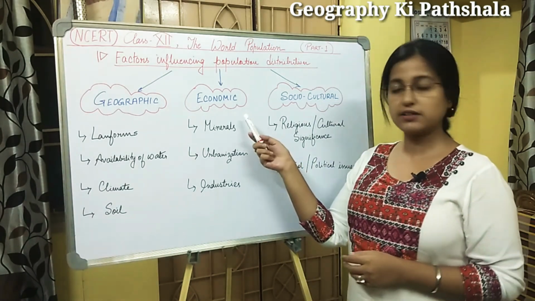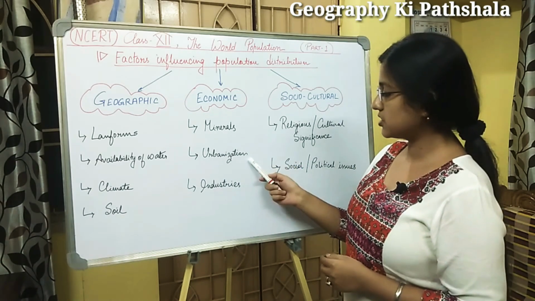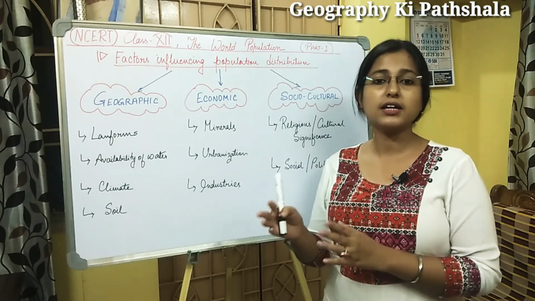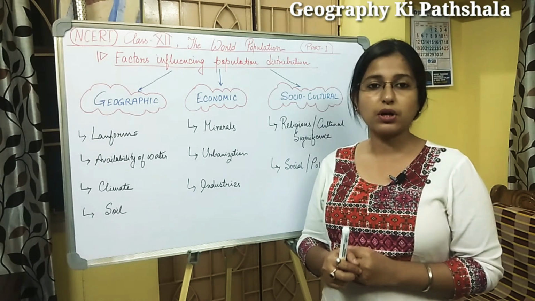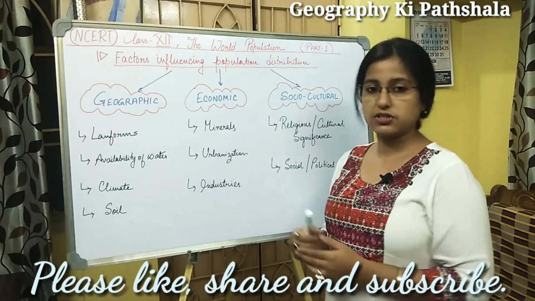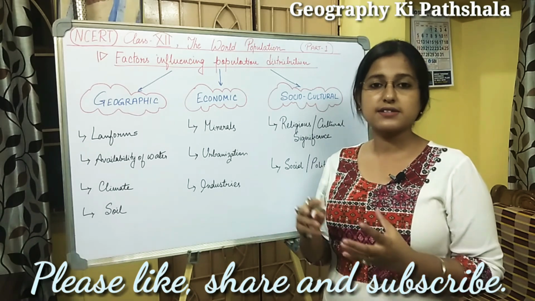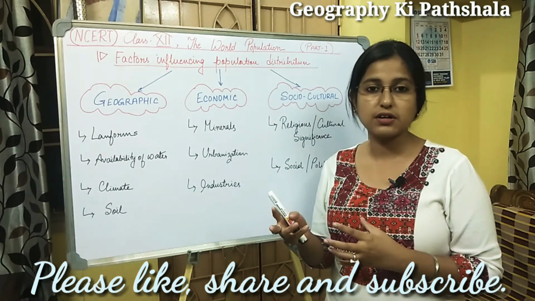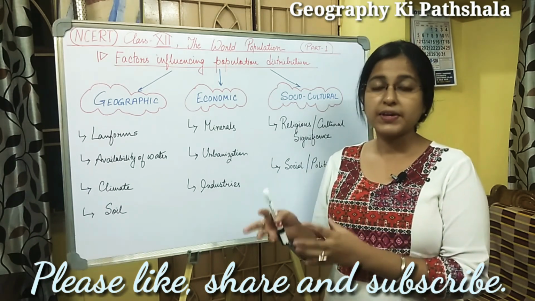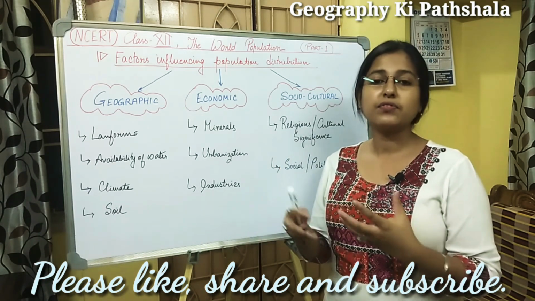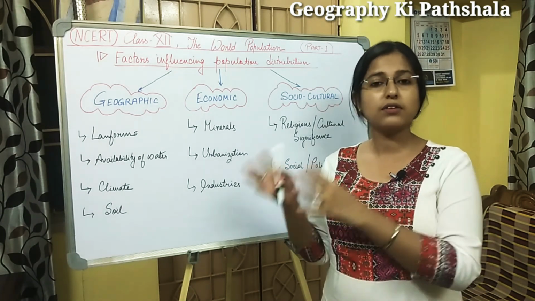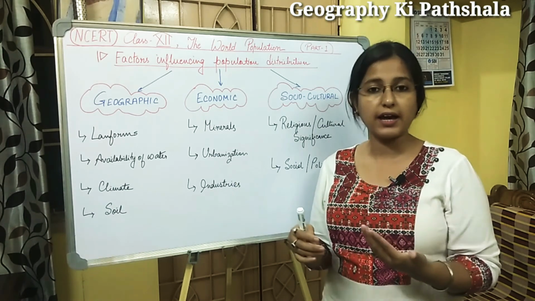Next, in economic factors come minerals, urbanization and industries. If any region is very high in mineral concentration, it will attract people to that region. Next comes urbanization. If I take the example of our metropolitan cities of India like Kolkata, Delhi, Mumbai, these cities provide much more opportunities and scope, so there we can see the population is quite high.